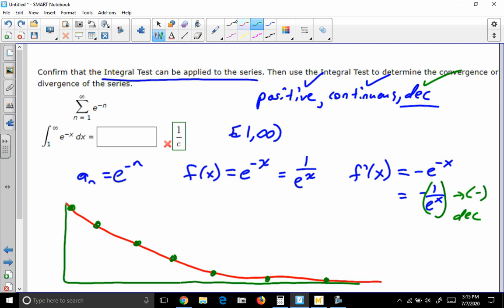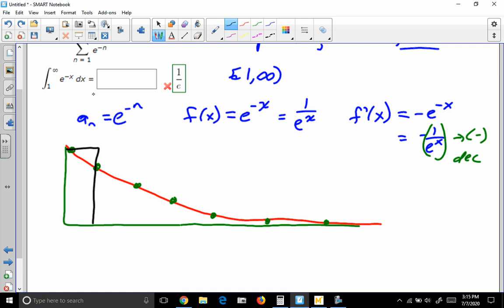If we think about drawing rectangles that are 1 unit wide, we don't start at 0, we start at 1. So if we go 1, 2, 3, 4, 5, 6, 7, each of those rectangles is 1 unit wide.